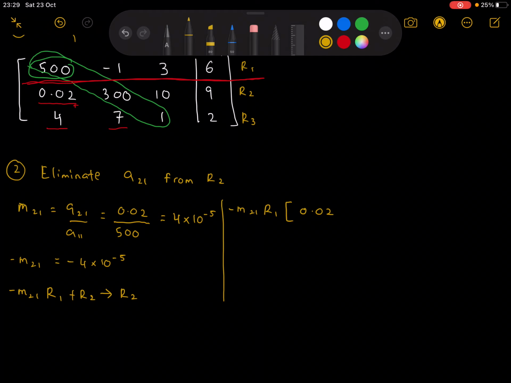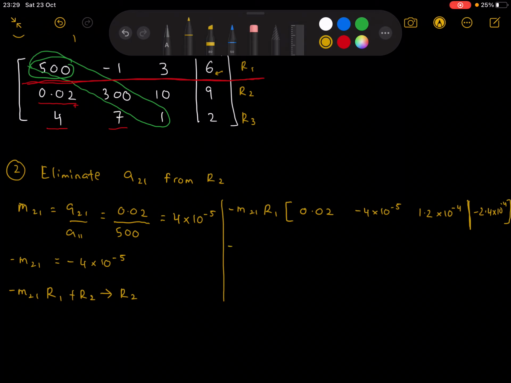So this one will become negative 4 times 10 to the power of minus 5, and then multiplied by 3, we get negative 1.2 times 10 to the power of minus 4, and then multiply by 6, we get negative 2.4 times 10 to the power of minus 4.